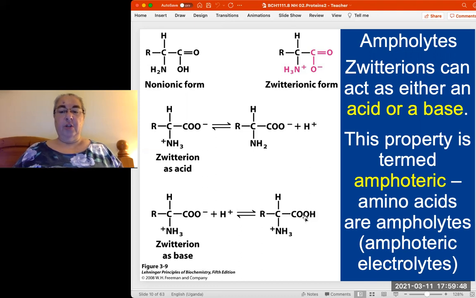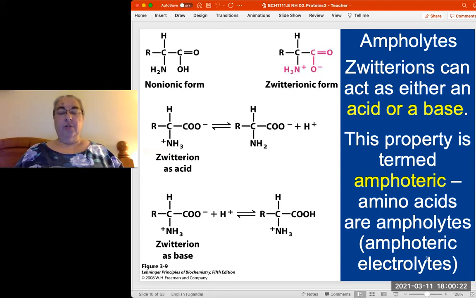to being COOH without a charge. Okay, so taking the amino acid as the whole molecule, it can act as both an acid and a base. And this property is called being amphoteric. Amino acids are amphoteric molecules. They are able to act as ampholytes, which means amphoteric electrolytes.